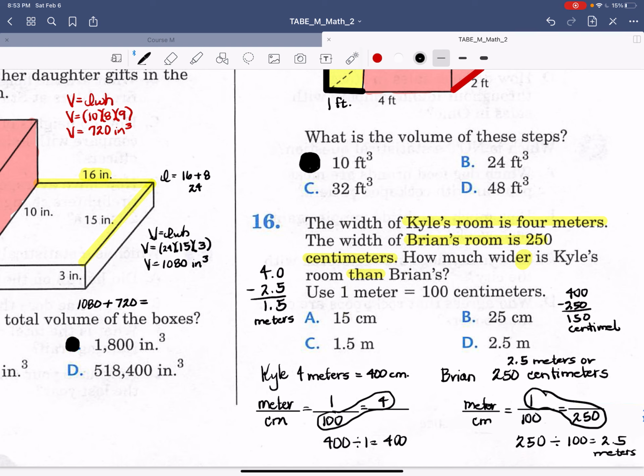So we just need to figure out which one of these is a choice that we have. And I like C. C matches the meters conversion, or the meters subtraction. Matches that one right there. So number 16 is C.